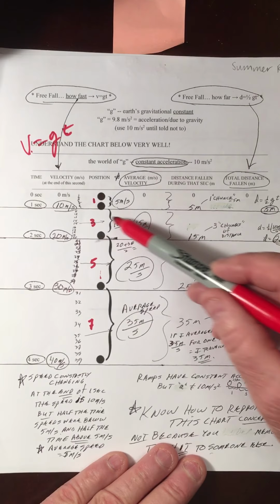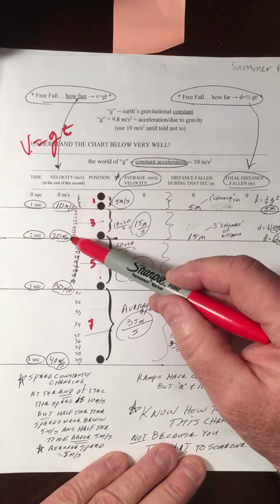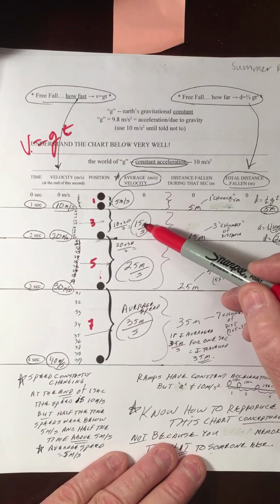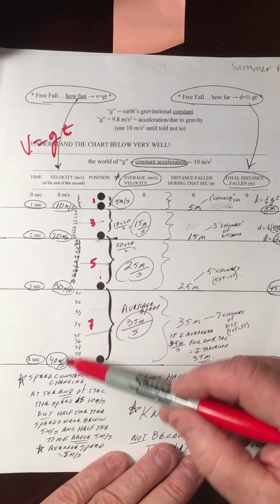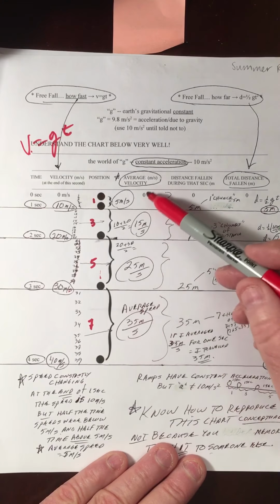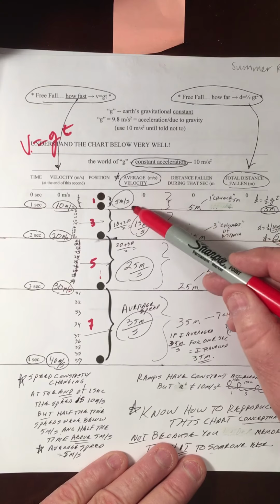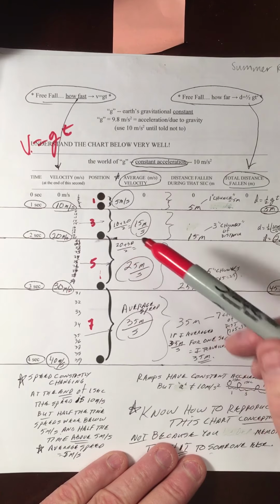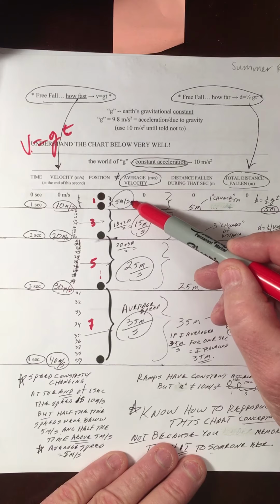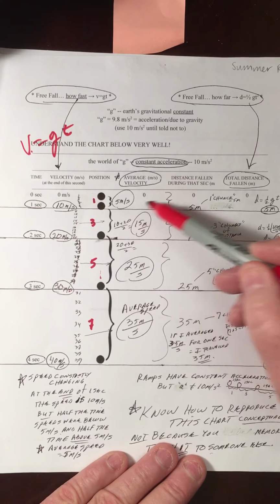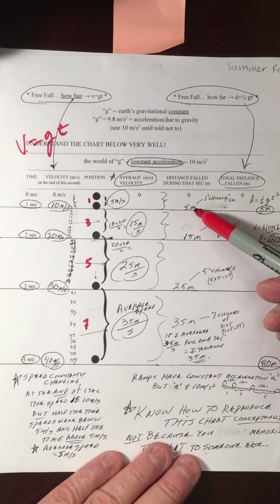Okay, what would be the average between here? 10, 20, what's the average? 15 meters per second. What's the average here? 25 meters per second. What's the average here? 30, 40, 35. During the first time period, it averaged 5 meters per second. Now think about that. If you average 5 meters per second and you travel for 1 second, how far will you go? 5 meters.